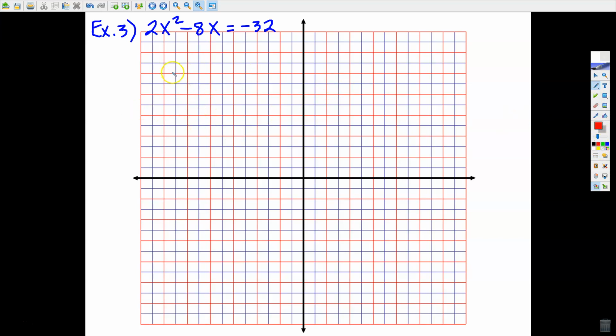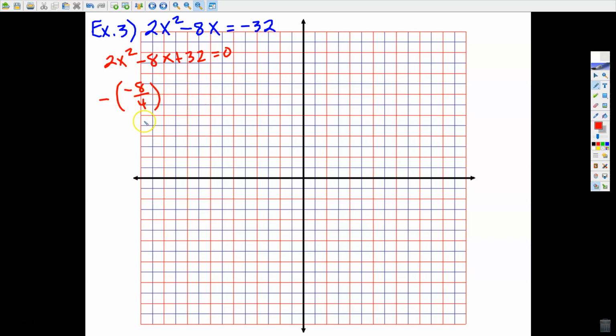Again, just go ahead and work on trying to find your AOS. Opposite of b over 2a. It's not yet equal to 0, so we need to do that first. And if I did opposite of b over 2a, I would get -8 over 4.